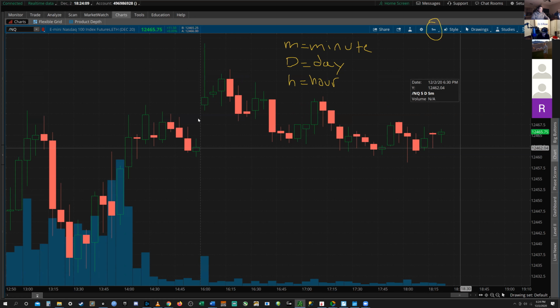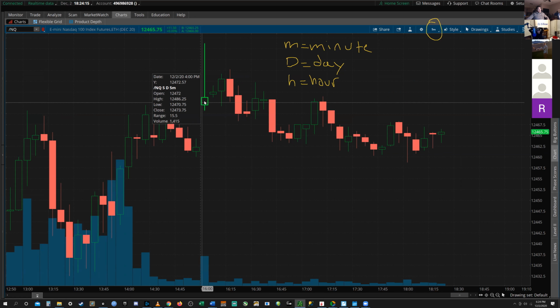Now again, other brokers may have more data that pops up because I have what's called a floating box. You can see where it says date, /NQ, 5D, 5M, open, high, low, close, and the range. That tells you that data.